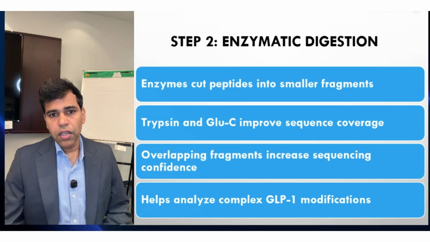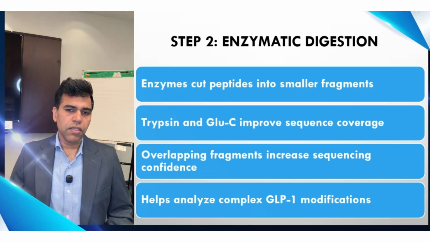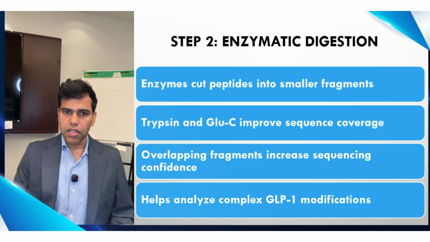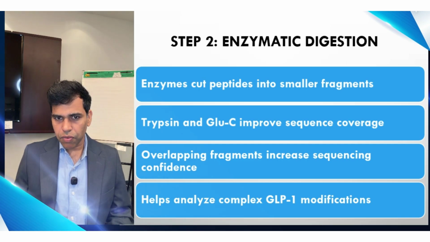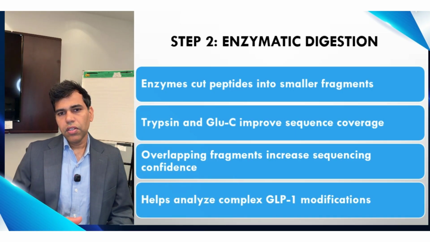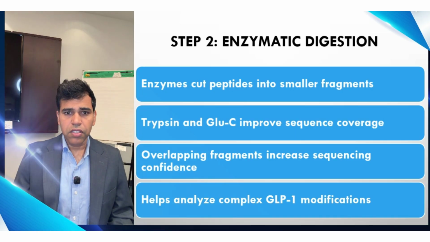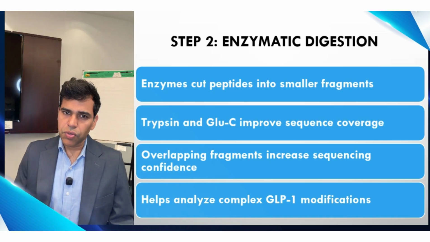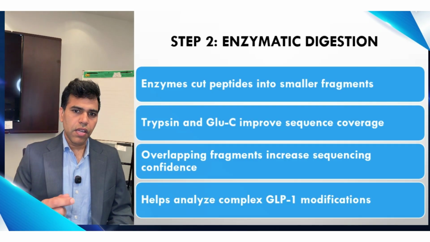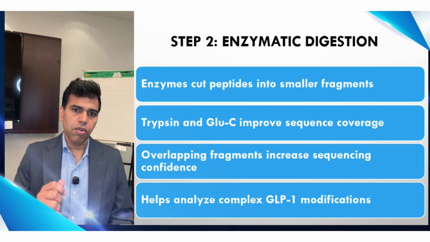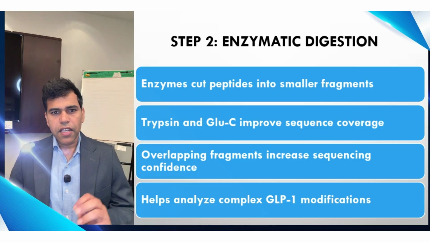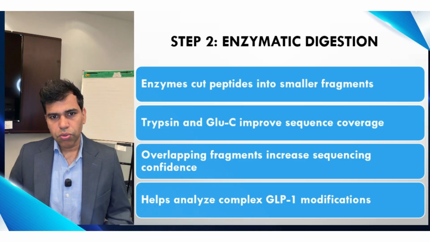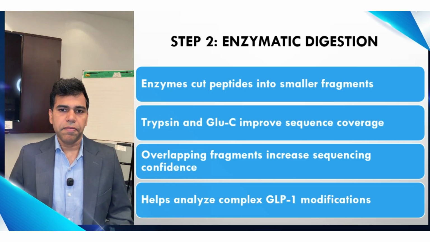We had a project where a team submitted data showing high overall sequence coverage, close to 90%, but a regulatory reviewer came back asking specifically about C-terminal conformation. The data for those residues simply wasn't there.